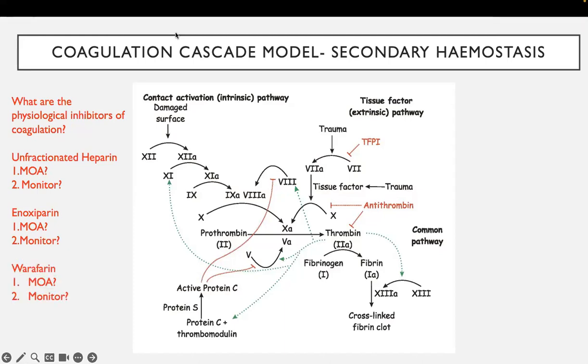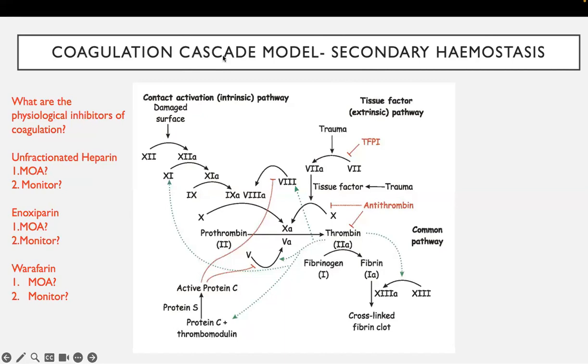Okay, warfarin. What's the mode of action of warfarin? Anyone can try the mode of action of warfarin? Okay, so warfarin is a... Hi, Dr. Nolan.